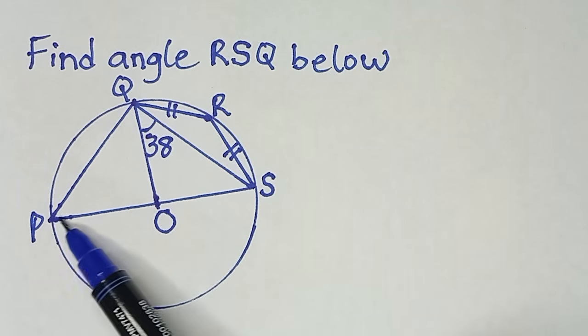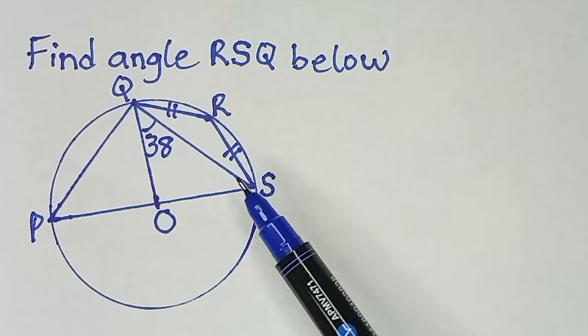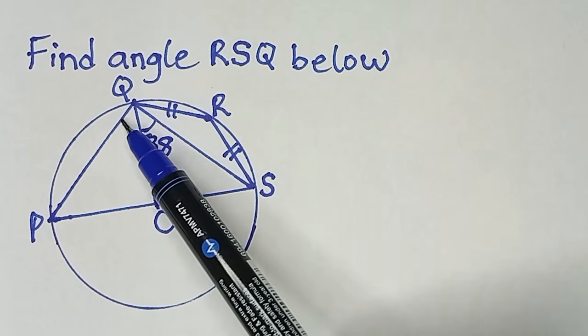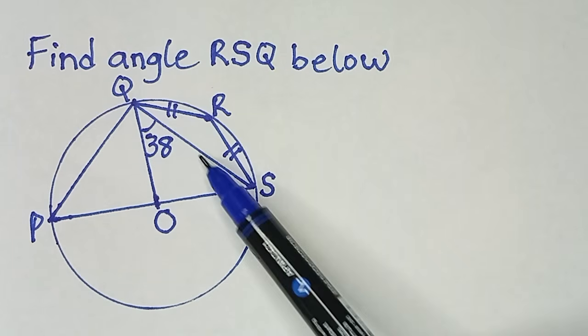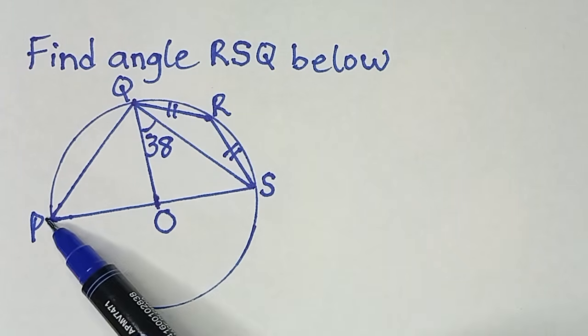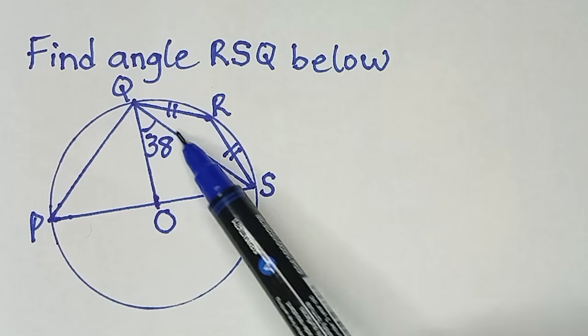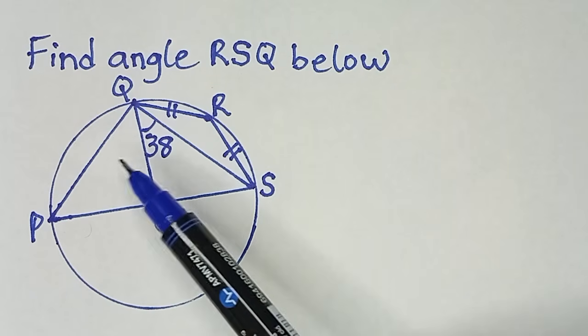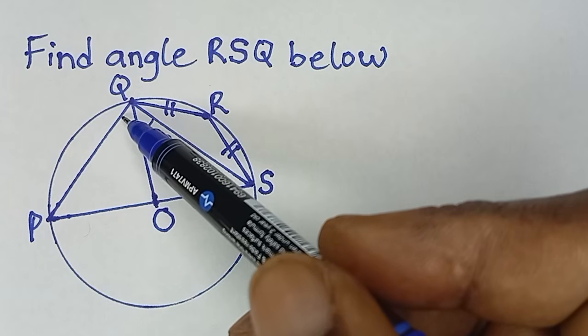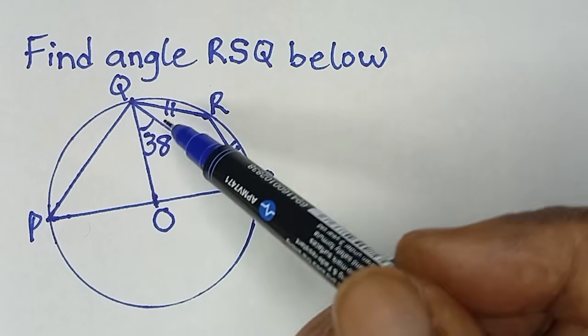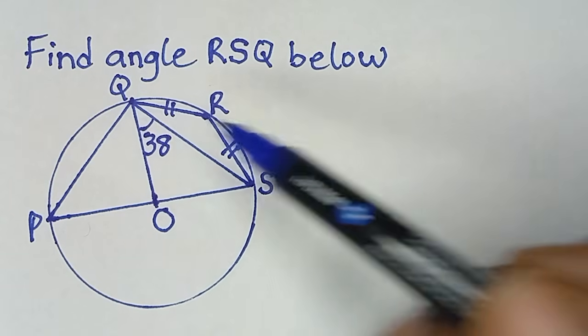If this is a diameter line, that means the angle opposite the diameter line in this triangle PQS, the triangle that the diameter line forms, is exactly a right angle, 90 degrees.